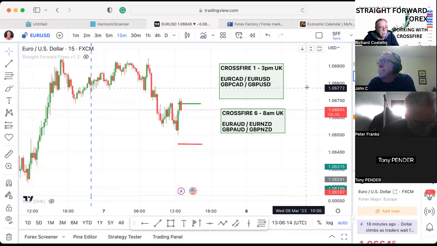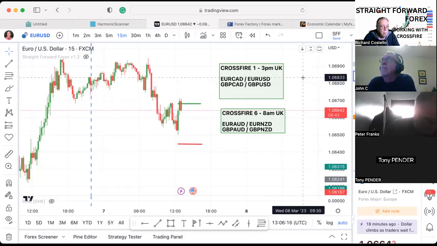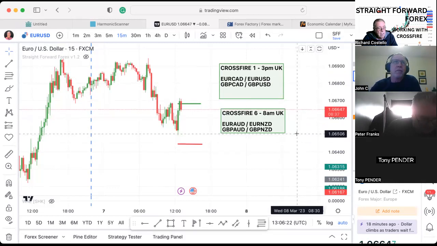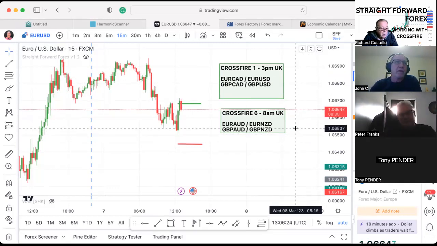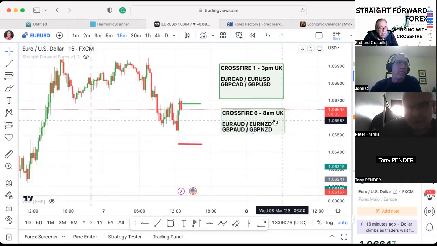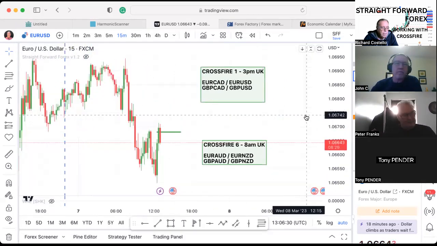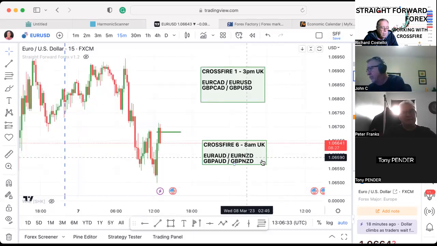But we look at the chart from 1 p.m. UK time. If you want to look at some alternative Forex pairs, Crossfire can apply 6 a.m. to 8 a.m. UK time, and it's a different 4 pairs.